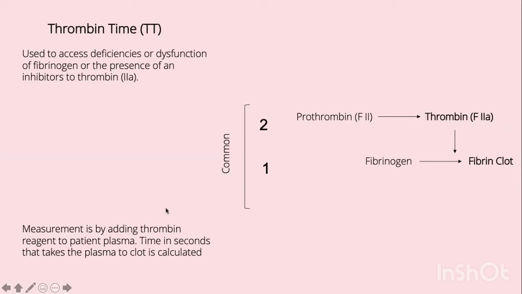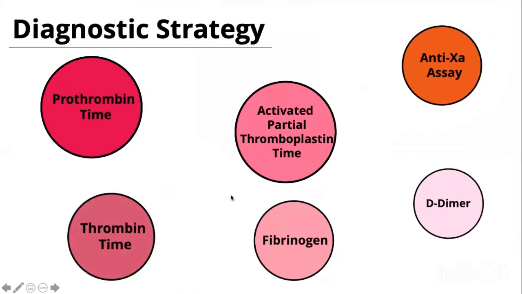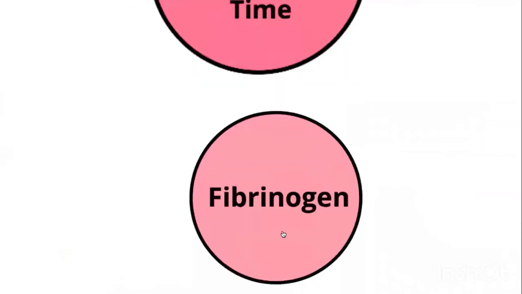Okay? So the measurement is done by adding thrombin to the patient plasma, and we calculate the time in seconds until the clot is formed. Perfect.